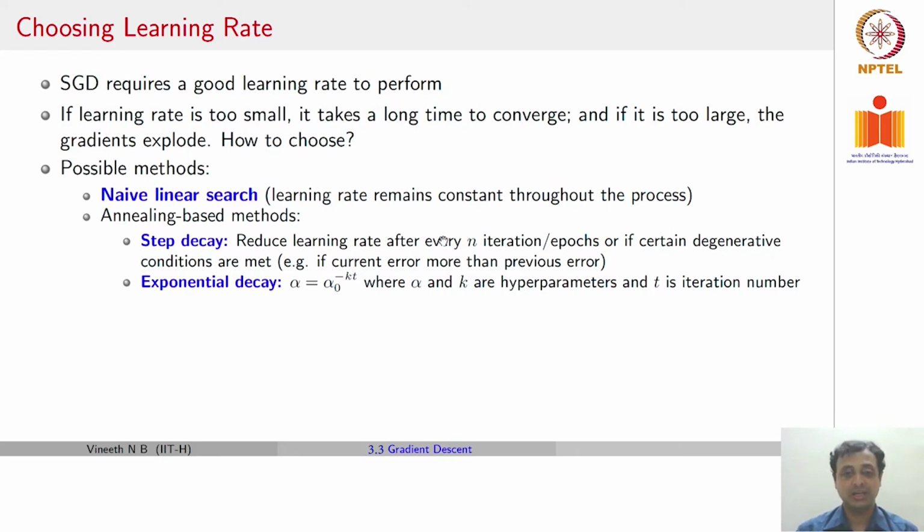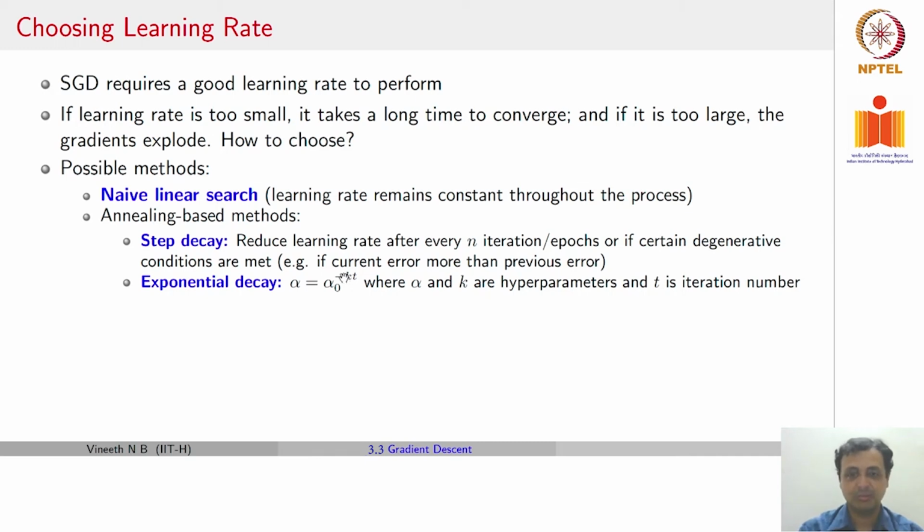In exponential decay, you set an initial learning rate called alpha naught, and then alpha is equal to alpha naught e to the power minus kt, where alpha naught and k are hyperparameters and t is an iteration number. So you start with the learning rate alpha naught and keep progressively reducing it exponentially in this particular form over every few iterations.